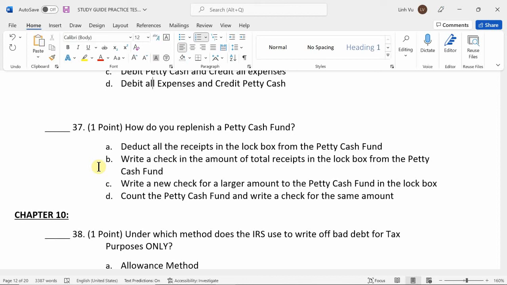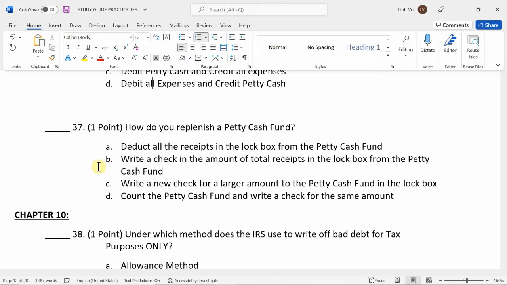Okay, but I wasn't making it two separate sentences. I was taking it as a clause in the middle. The receipts from the lockbox. The check comes from the petty cash fund. That's why it didn't fit. Right, that's two separate clauses. I see what you're saying, but grammatically that told me a different direction.